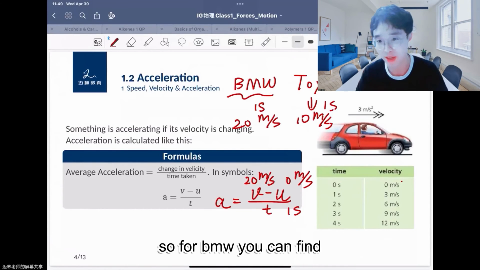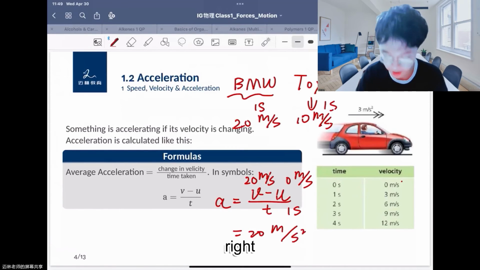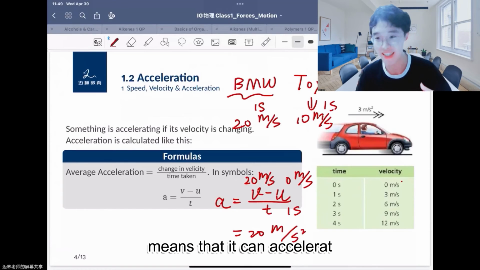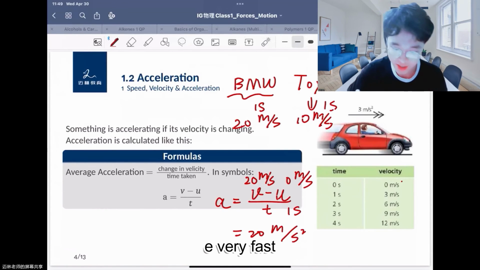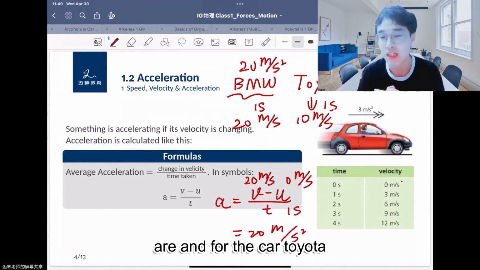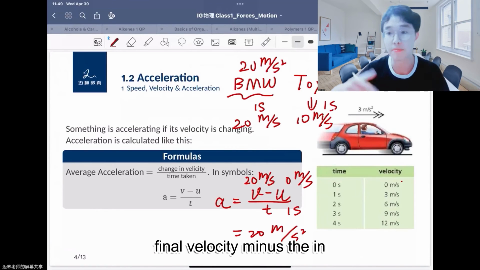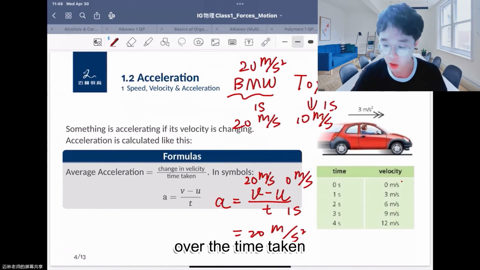So for BMW, you can find the acceleration here is 20 meters per second squared, right? It means that it can accelerate very fast. And for the Toyota car, also using the formula, final velocity minus the initial velocity over the time taken.